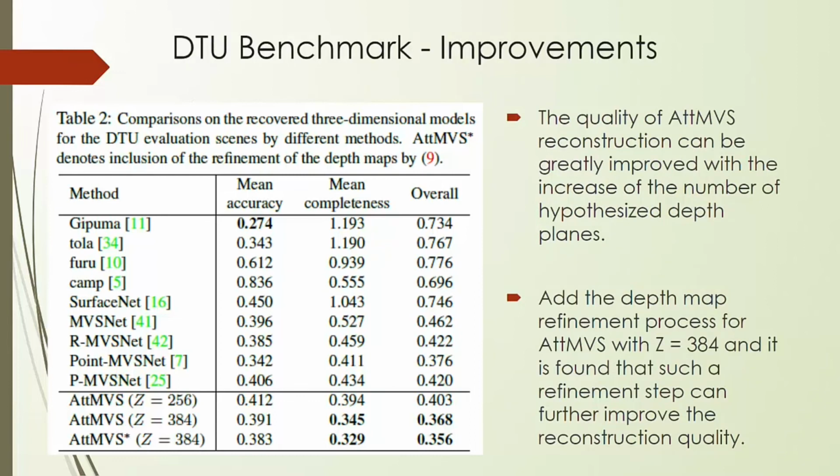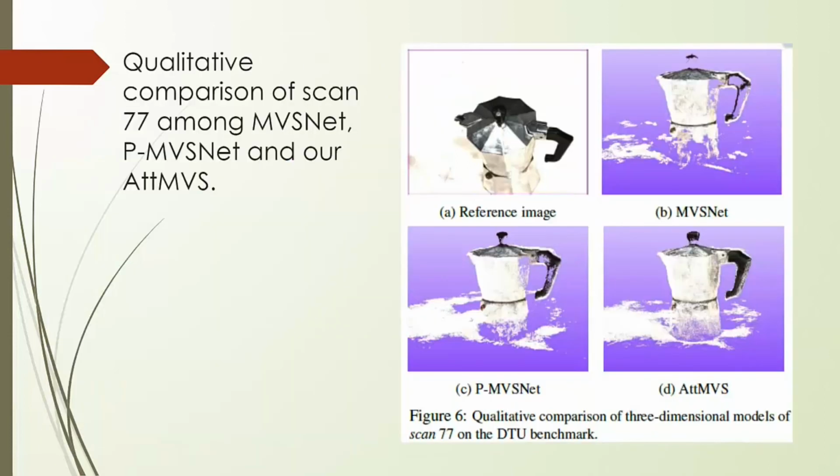The quality of attention MVS reconstruction can be greatly improved with the increase in the number of hypothesized depth planes. Also, it can be improved by the depth map refinement process for the attention-based MVS with Z equal to 384. Such a refinement step can further improve the reconstruction quality.